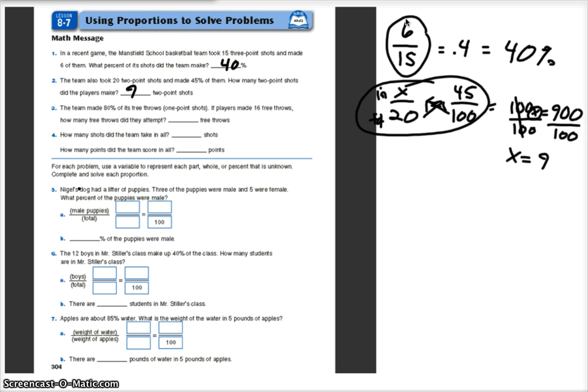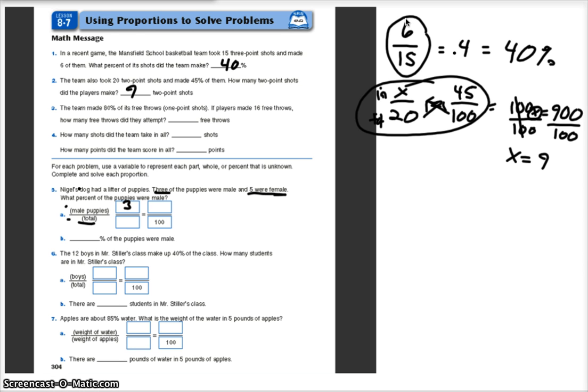Right on the top we're talking about male puppies, and on the bottom we're talking about the total. So are we going to set up our fraction as 3 over 5? No, because if we had 5 on the bottom, that would have to be female. But we have total. So on the top we are going to put 3, because there are 3 male puppies.